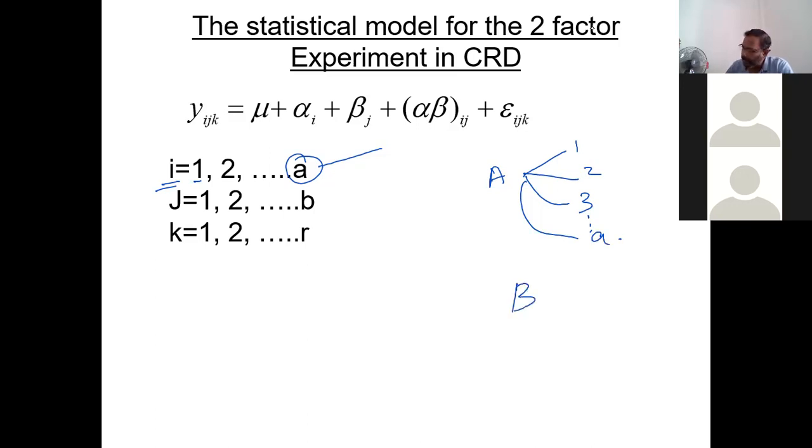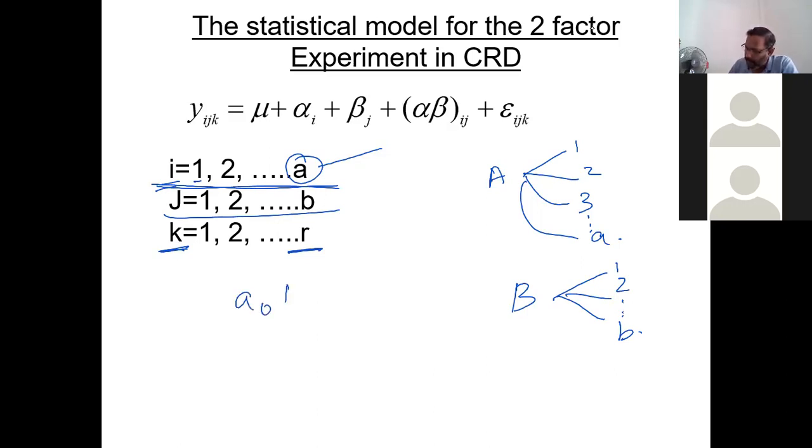Similarly, factor B, starting from 1, 2, goes up to b. So the digit i indicates factor A, digit j indicates factor B, digit k indicates our replicate. We'll have to have replicates also, right?